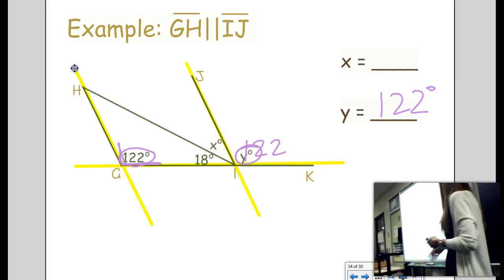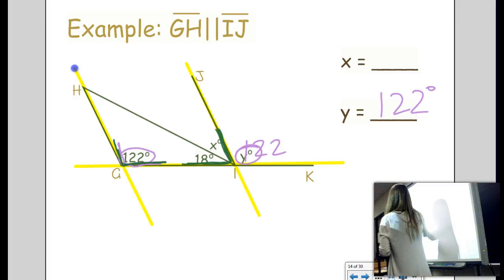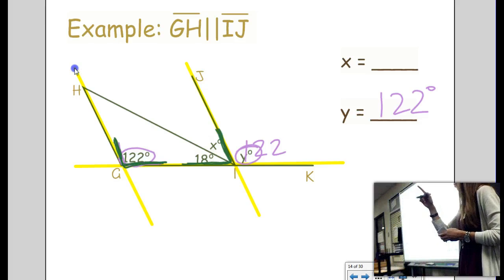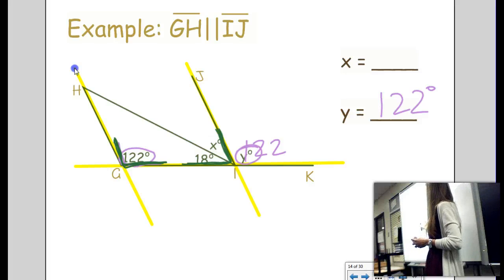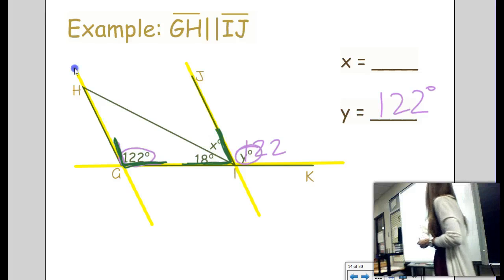All right, what in the world are we going to do about X? What I recommend is that you treat this whole angle as just one angle for now and compare it to 122. Mina, what's the vocab word for these two angles? Yes!